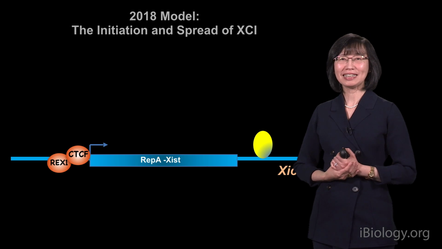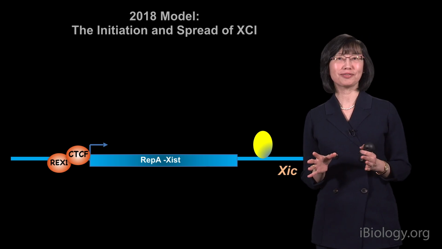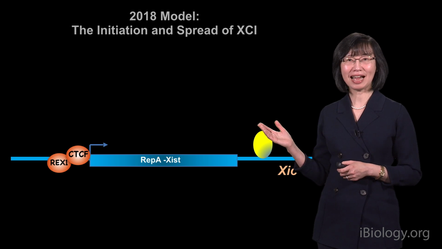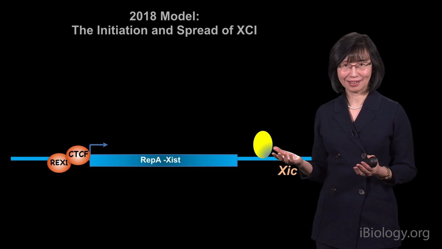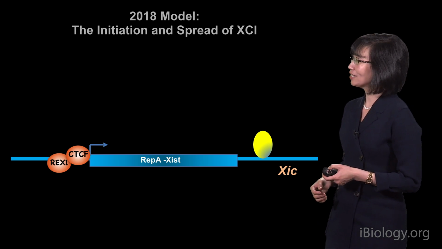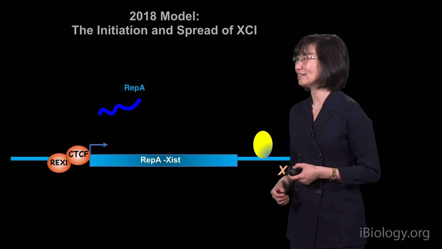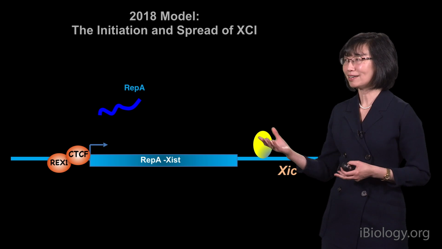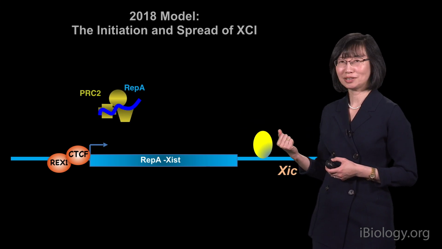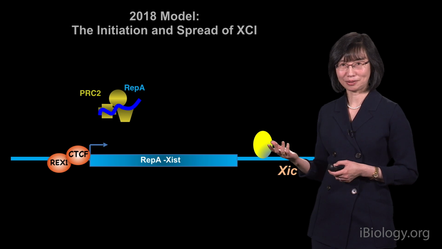All right, so in these 3 lectures, I've thrown a lot of information at you, and what I'm going to attempt to do in this final slide is to integrate some of that information. So we envision that at the onset of X inactivation, this RNA with the repeat A motif recruits PRC2 to the X inactivation center.